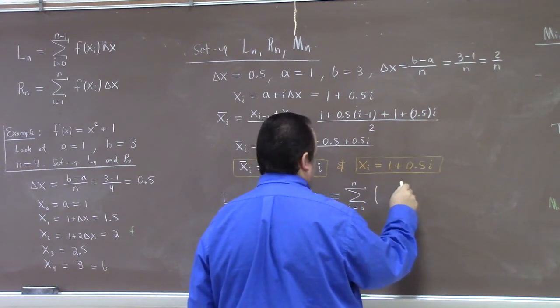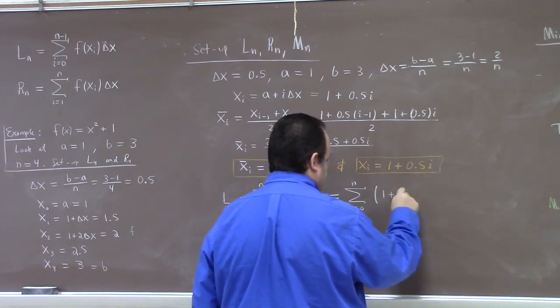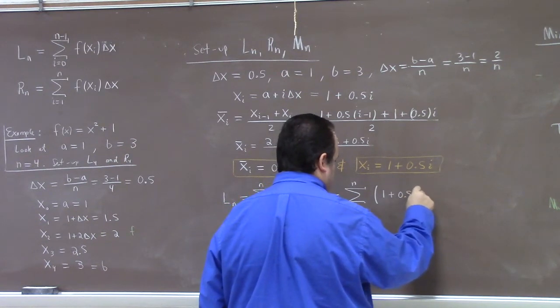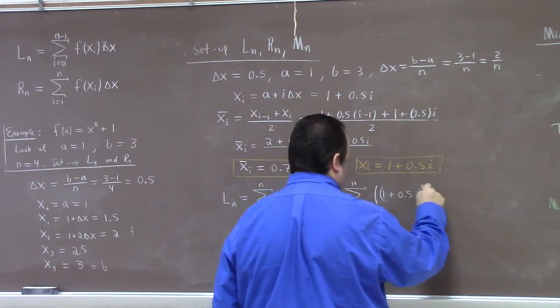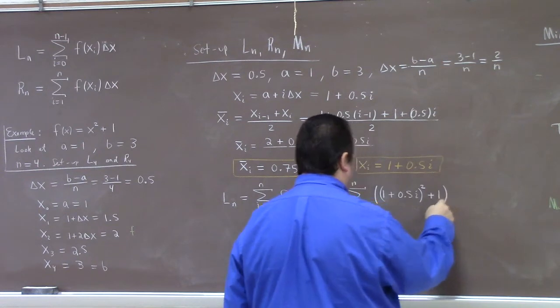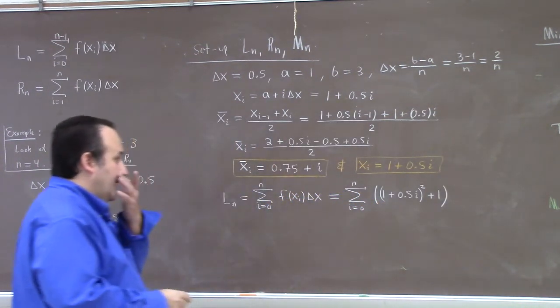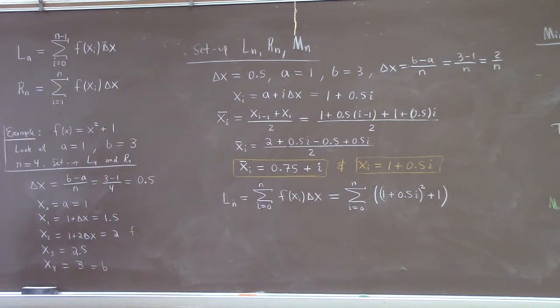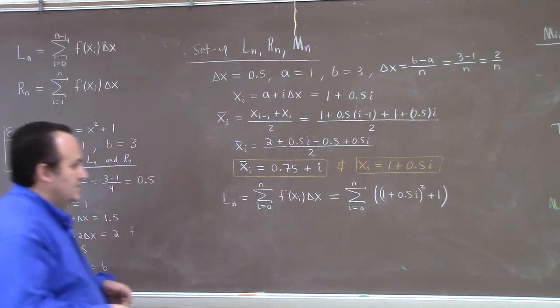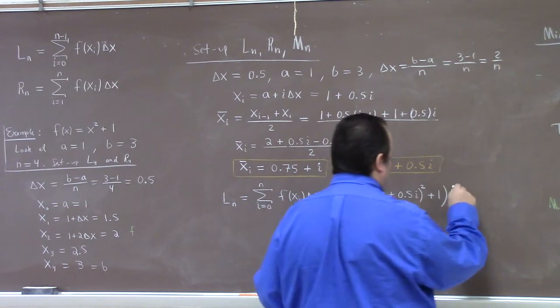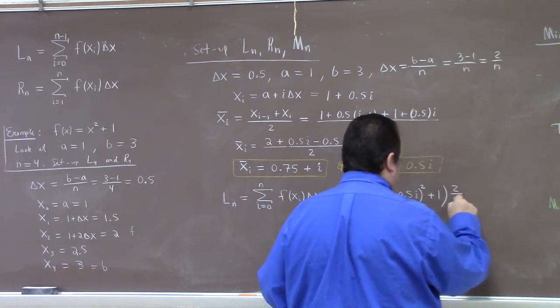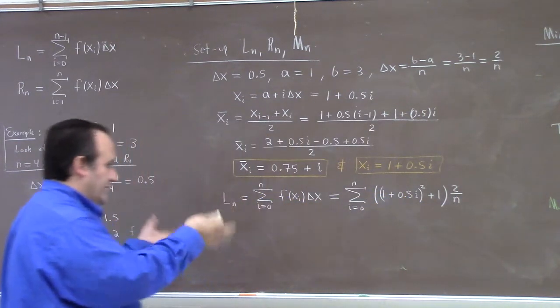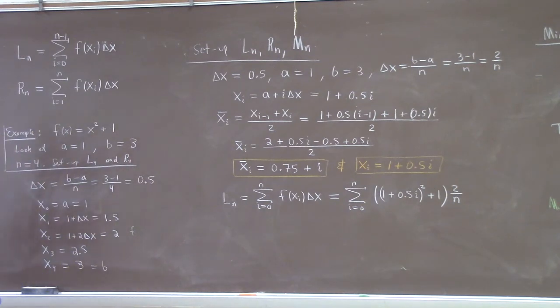What is x sub i? x sub i is 1 plus 0.5i. I square that, I add 1. That is f of x sub i. And then I have to multiply that by delta x, which is 2 over n. That, my friends, is the formula for L sub n for arbitrary n.